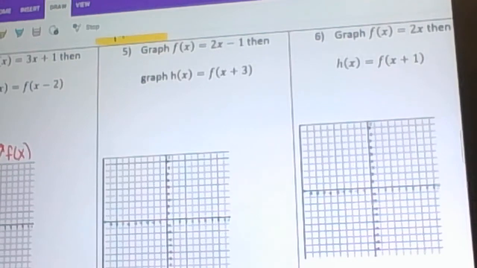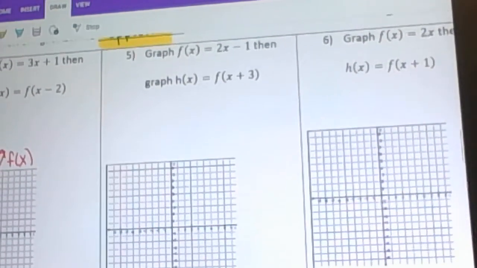And I can label that f of x. That's the original graph. Now, we're making a new graph, and we're going to call it h. We could call it anything but f. And since the number is inside parentheses, we want to shift this right 2 units.